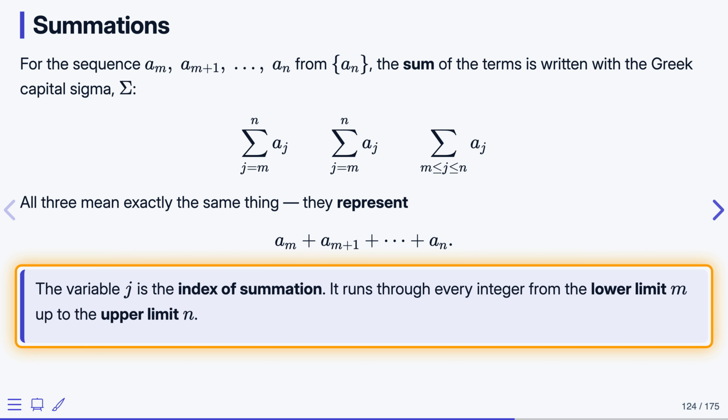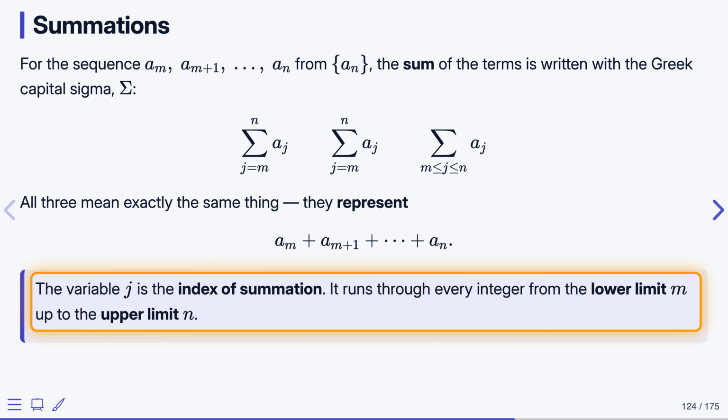Now we meet a very compact way to write a long sum. Suppose we have a list of terms, a sub m plus 1, and so on up to a sub n. To add them all together, we use the big Greek capital letter sigma, which looks like a pointy E. You read it as the sum. Under the sigma, we write j equals m, that is the starting value, called the lower limit.